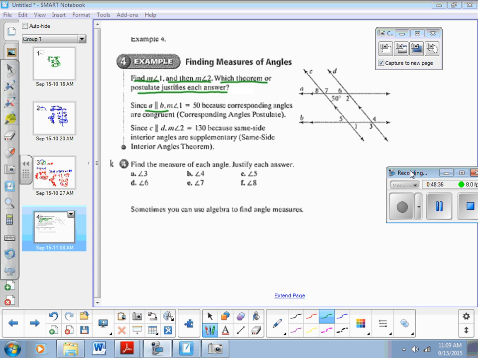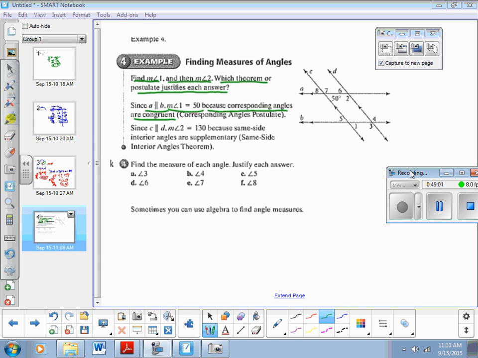Angle 1 measures 50 because corresponding angles are congruent. Do you guys agree that we had a box postulate or theorem that we went over that said if 2 lines are parallel and they're cut by a transversal, corresponding angles are congruent? You guys remember seeing something that said that? Yeah?